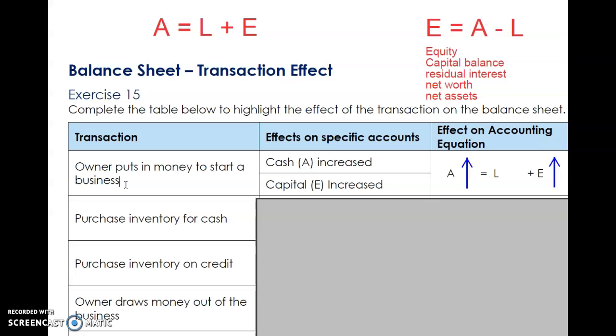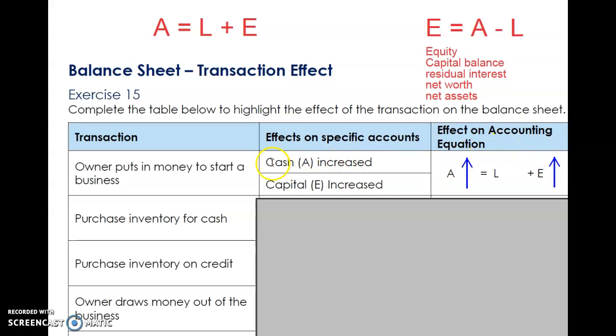He's contributing money. And the two accounts that are going to be affected by this transaction are the cash account and the owner's capital account. The cash account is an asset account, of course, and by putting money into the business, the cash account is increased. And at the same time, if the asset account is increased, the equity account has to also increase because the owner has contributed equity into the business.